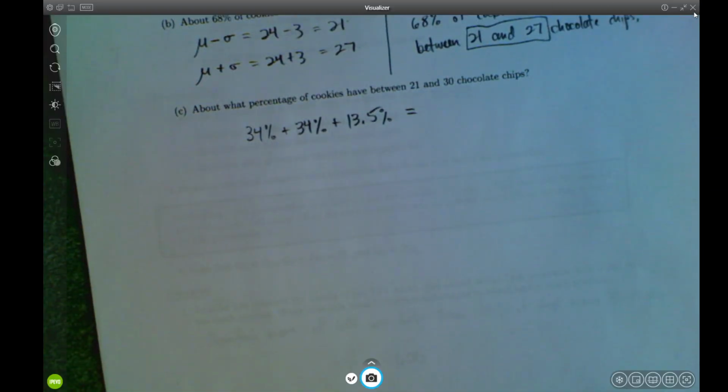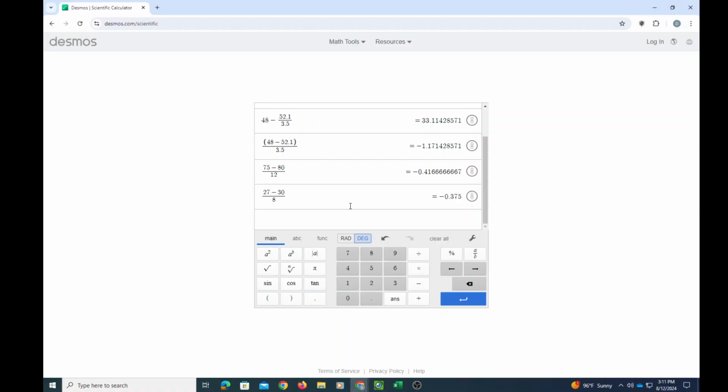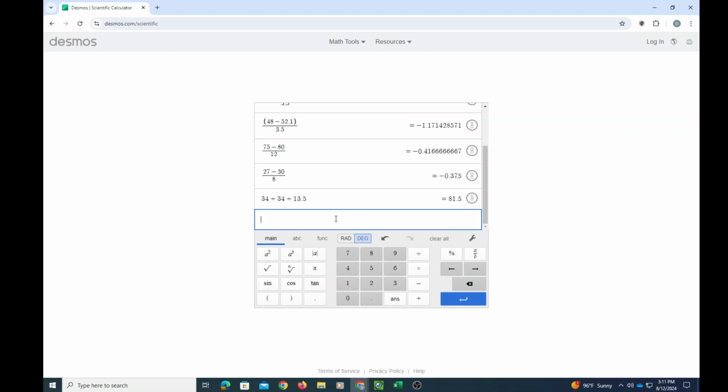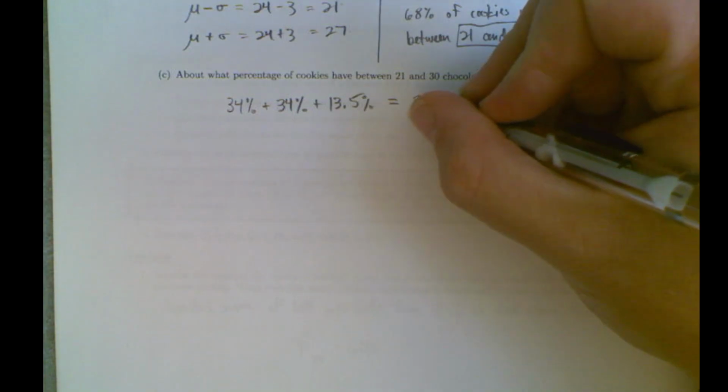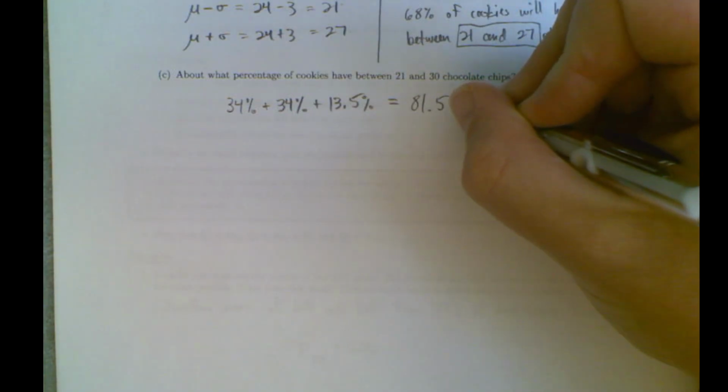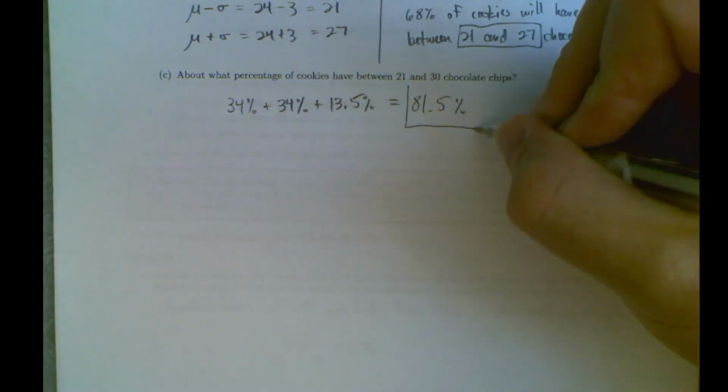Let's see how much that is. That is 81.5%. So we would say about 81.5% of cookies are going to have somewhere between 21 and 30 chocolate chips in them.